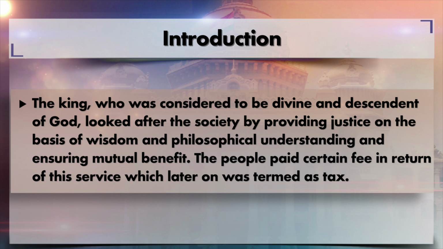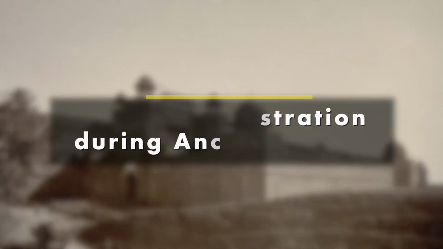He looked after the society by providing justice on the basis of wisdom and philosophical understanding. He was also considered to be responsible for ensuring mutual benefits. The people paid certain fees in return for this service, which later on was termed as tax.